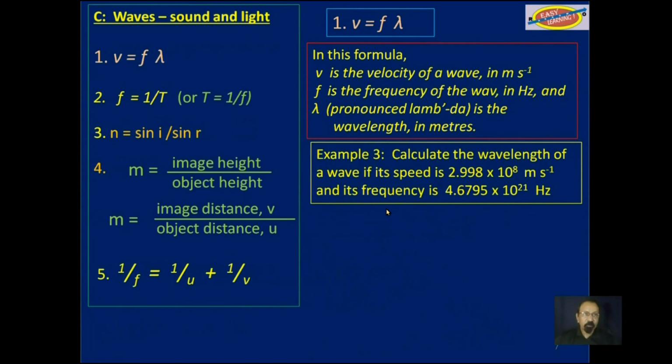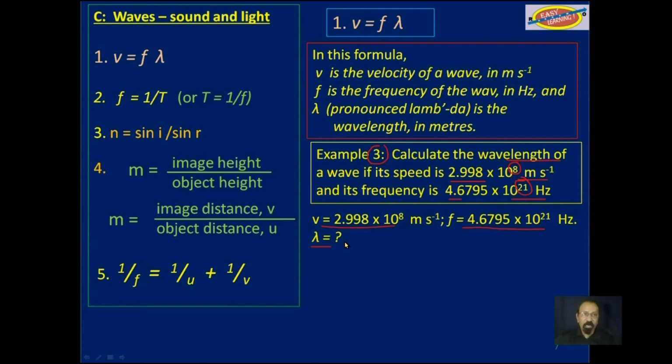Third example: calculate the wavelength of a wave if its speed is 2.998 exponent 8 meters per second and its frequency is 4.6795 exponent 21 hertz. So we know the velocity, we know the frequency.